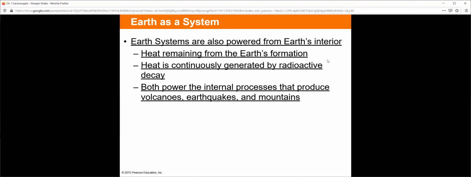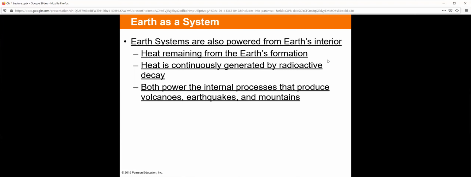The Earth systems are also in part powered by the Earth's interior. This one's a bit cooler, in my opinion. When the Earth formed, it formed via heat, right? We'll get into how igneous rock is formed, but there was a lot of heat involved in the formation of the Earth. And that heat still exists and is still actively being generated in the Earth's interior, in the Earth's core. It is actually generated by radioactive decay, which is a very interesting process and kind of ridiculous to think about.